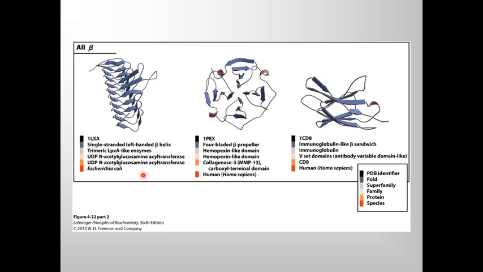This is from E. coli, a bacterium. Another protein like collagenase 3 carboxy terminal domain like protein has a four-bladed beta propeller like fold. It's from humans. CD8 is another protein that has an immunoglobulin like beta sandwich domain. So these are three different folds, and these belong to the all beta family.